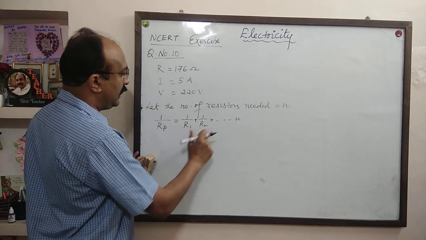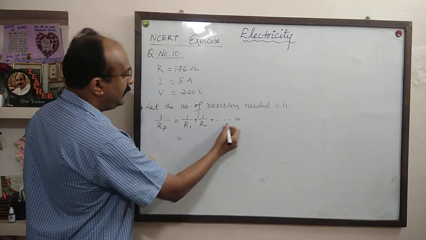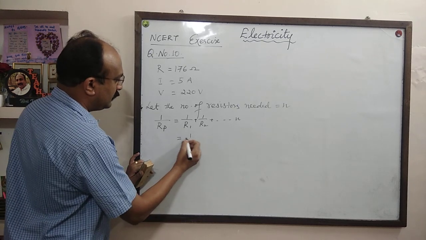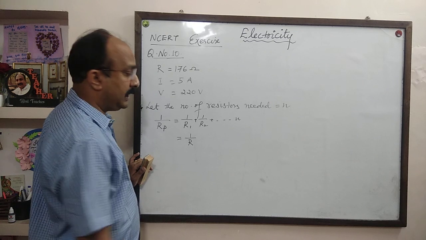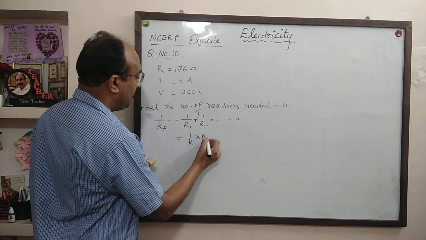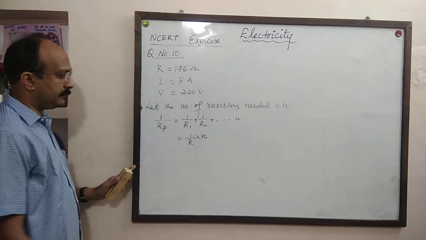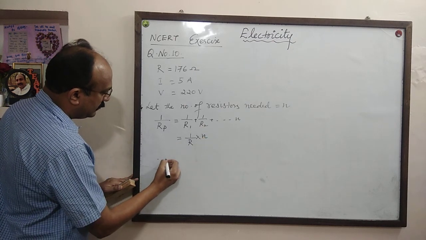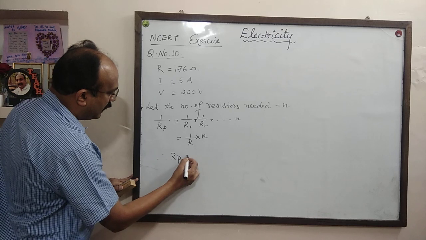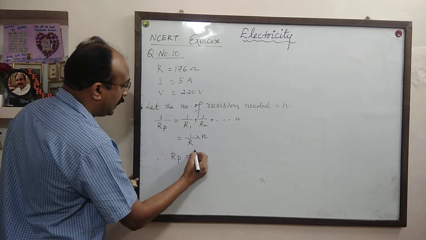So there is no R1, R2. All will be R. So 1 upon R plus 1 upon R plus 1 upon R, N times. So it becomes 1 upon R into N. So 1 upon Rp equal to N upon R. Therefore, Rp equal to reciprocal, R upon N.